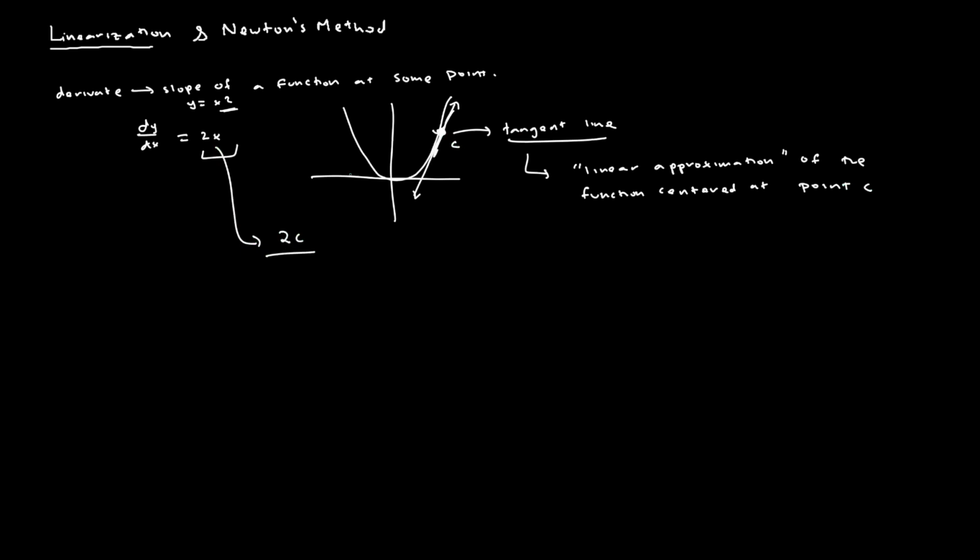Then I found the equation of the line with slope 2c that passes through the point c comma c squared. Again, I'm utilizing the example y equals x squared. That line is the linear approximation of the function x squared at point c.